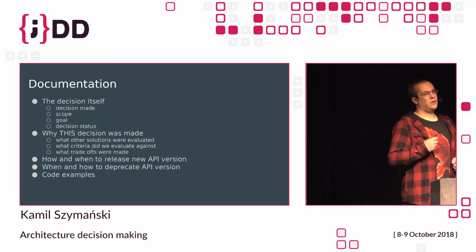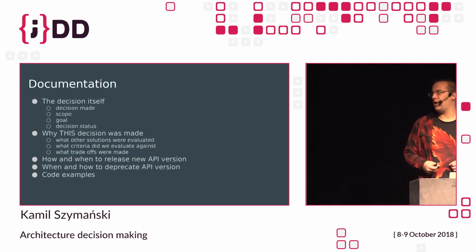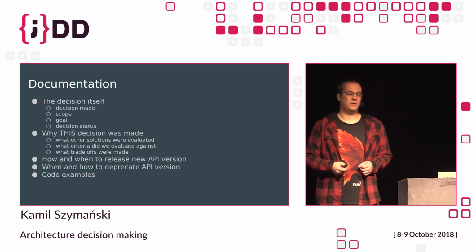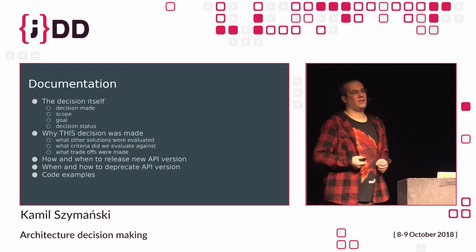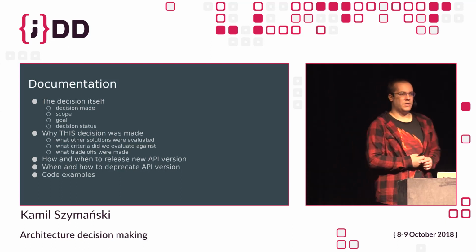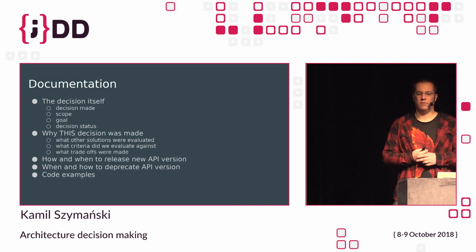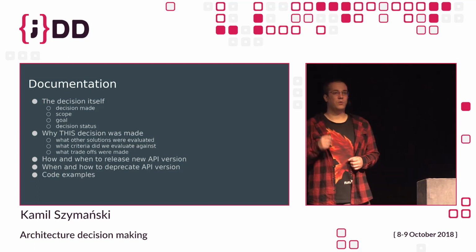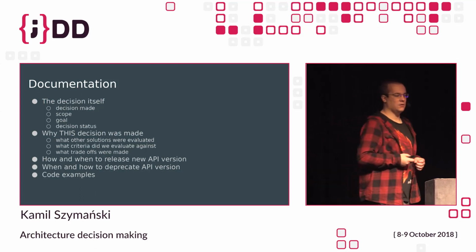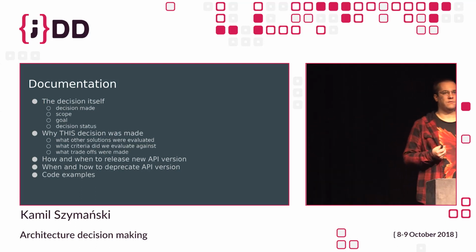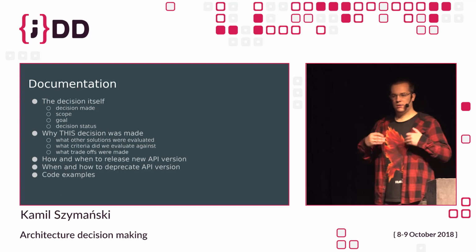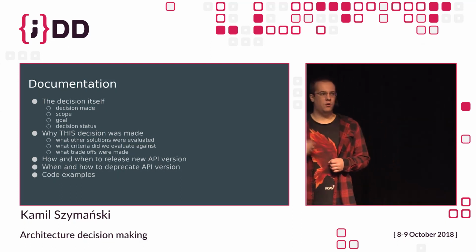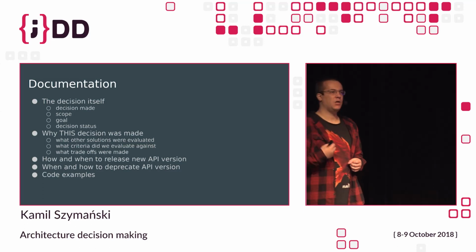And it's easy to forget every question, every answer here. It's easy to even forget what the decision was. So the crucial part is to document everything that we talked about, to keep some decision log within our platform, to document what decision we made, what was the scope and the goal of that decision, what is the status of that decision, because we might take this decision today, because it's a good solution for today, but tomorrow, the context, the requirements, they may change.